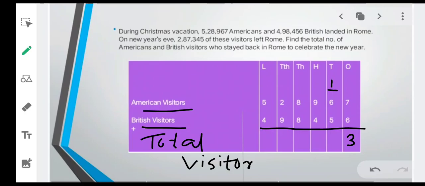6 plus 1, 7. 7 plus 5, 12. 9 plus 1, 10. And 10 plus 4, 14. 8 plus 1, 9. 9 plus 8, 17. 2 plus 1, 3. 3 plus 9, 12. 5 plus 1, 6. 6 plus 4, 10.